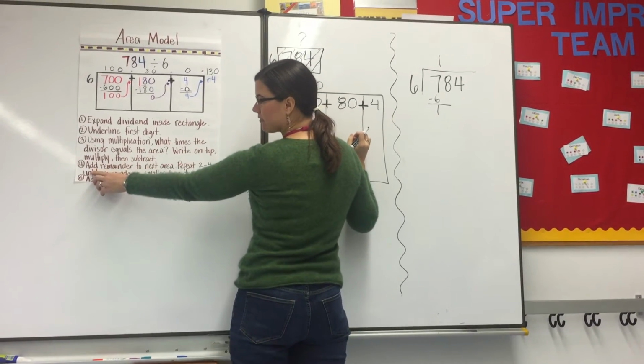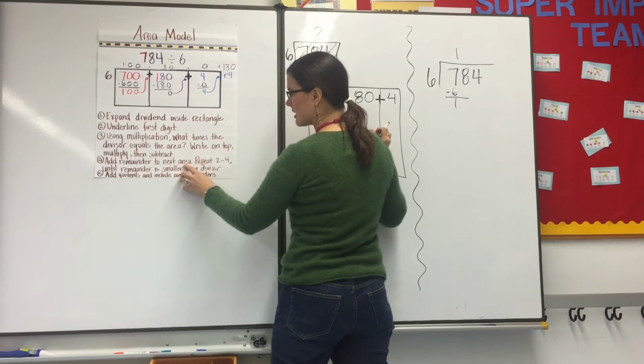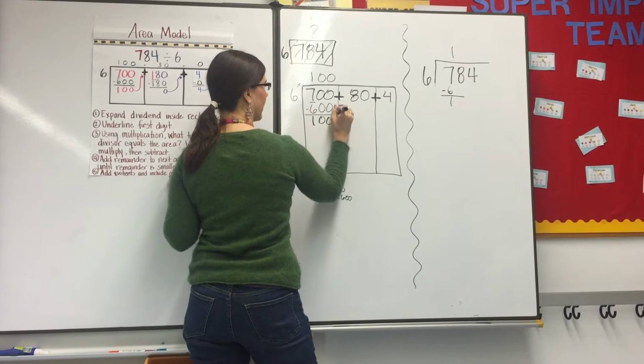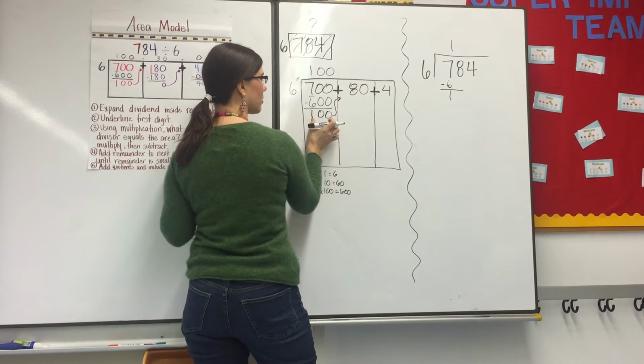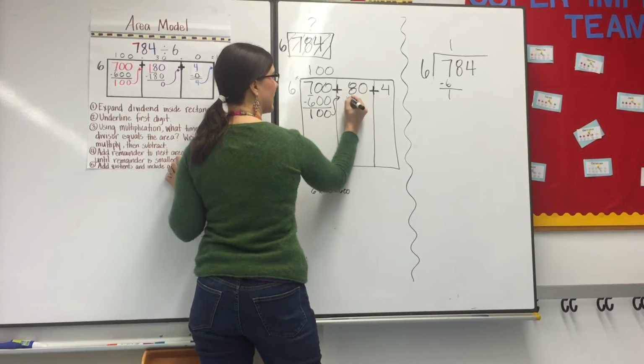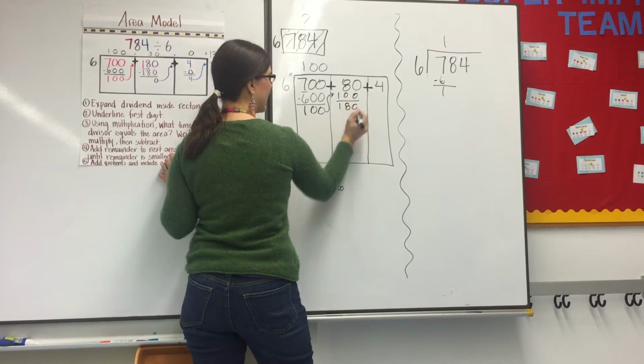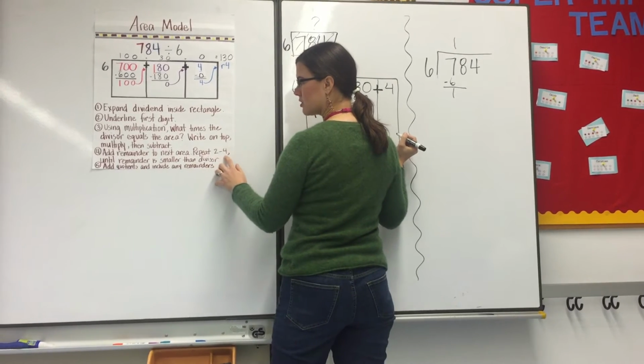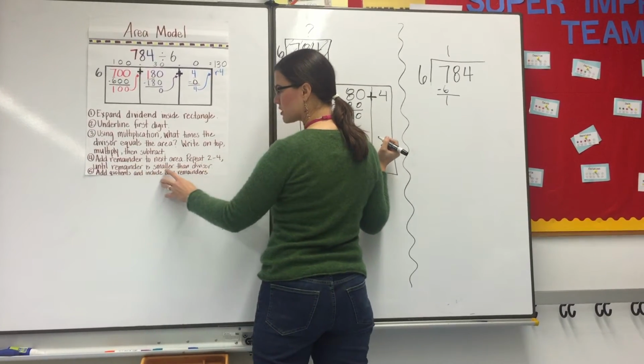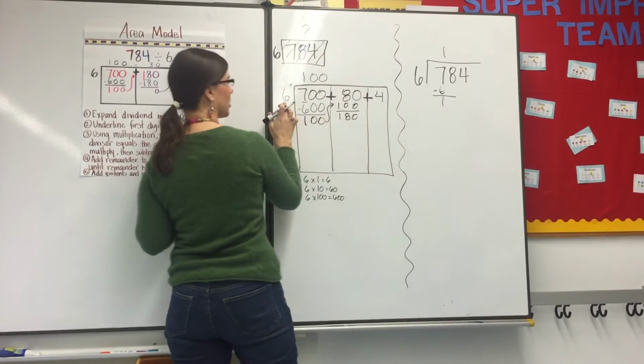Now, step 4 is add the remainder to the next area. So this is why I have an arrow going over. 100 plus 80 equals 180. Repeat steps 2 to 4 until the remainder is smaller than the divisor, so smaller than 6.